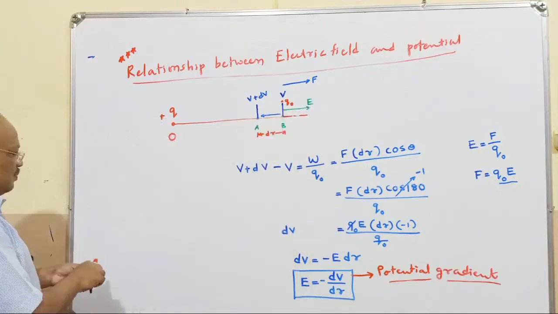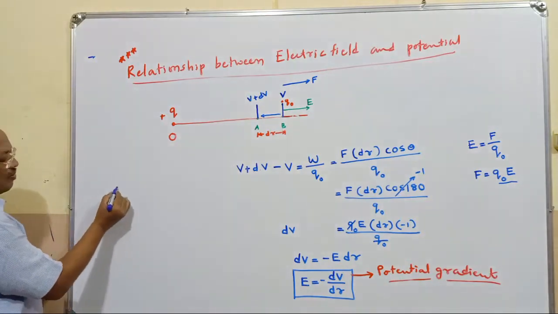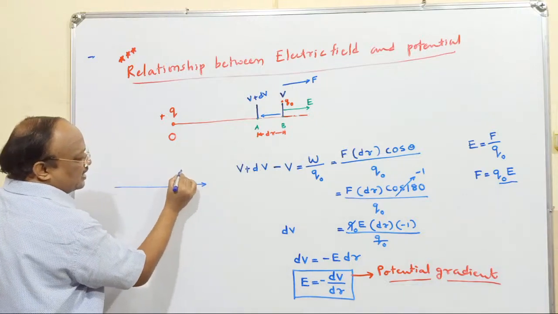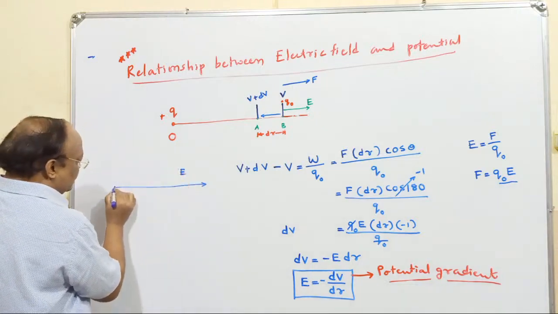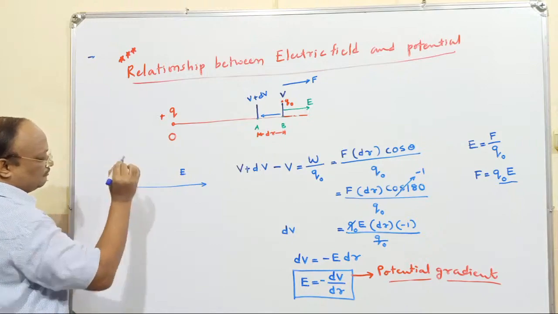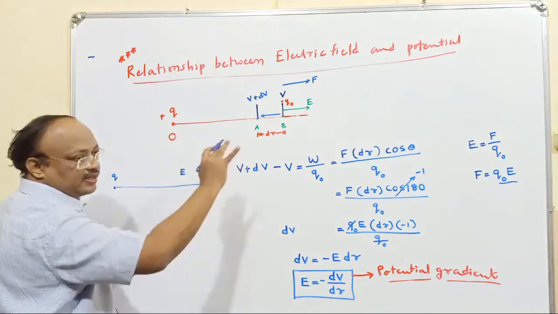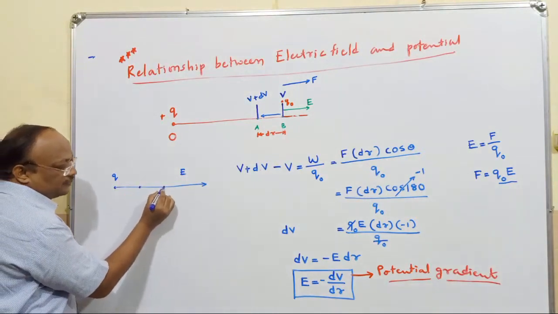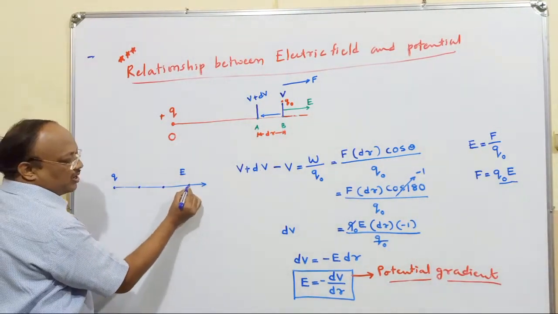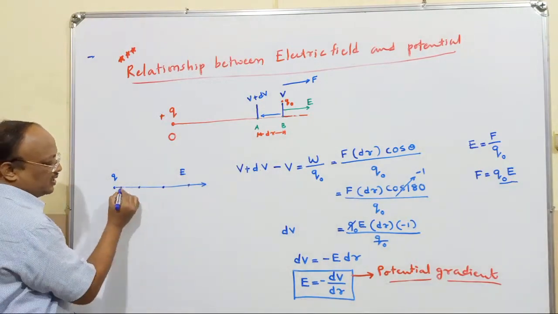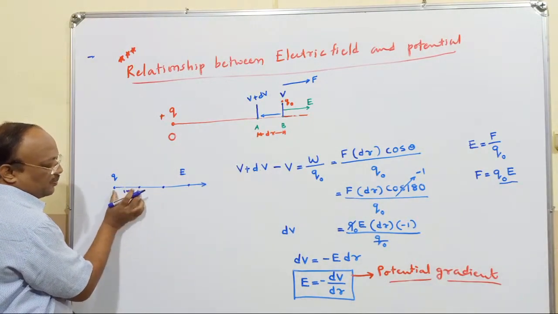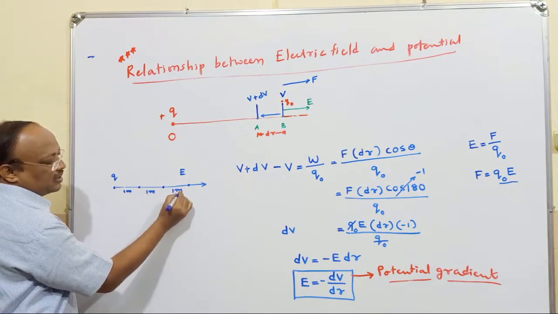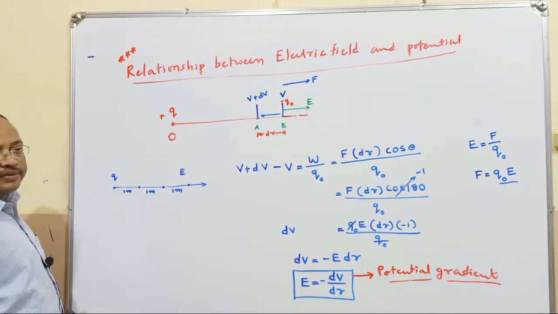One more example we can take here. If this is our charge Q, the electric field is in this way. These are the points I have taken. This distance is 1 meter separation between them, and this separation is also 1 meter.